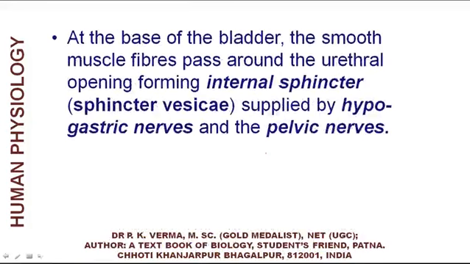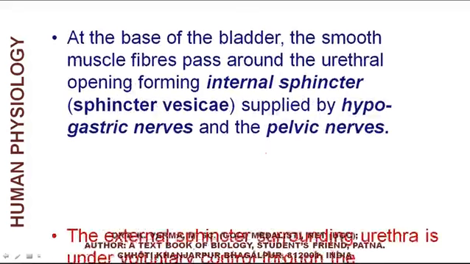At the base of the bladder, the smooth muscle fibers pass around the urethral opening, forming internal sphincter or sphincter vesicae. These are supplied by hypogastric nerve and the pelvic nerve.